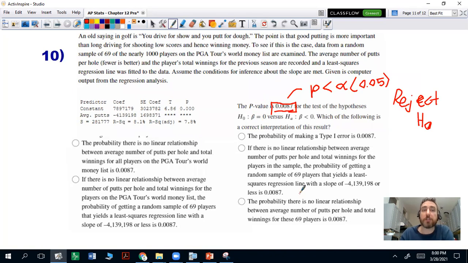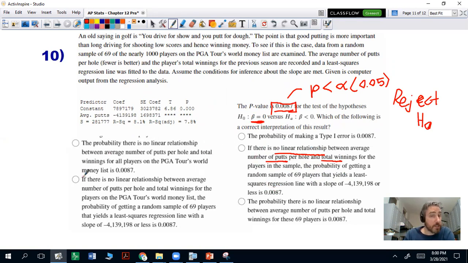So if there is no linear relationship, because the null is there is no linear relationship, between average number of putts per hole and total winnings for the players in the sample, the probability of getting a random sample of 69 players that yields a least squares regression line with a slope of negative 4,139,198 or less is 0.0087.